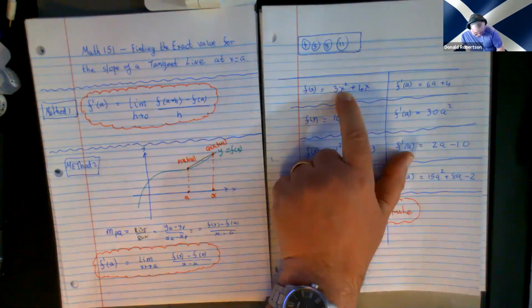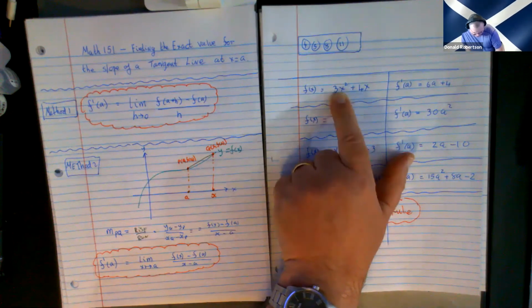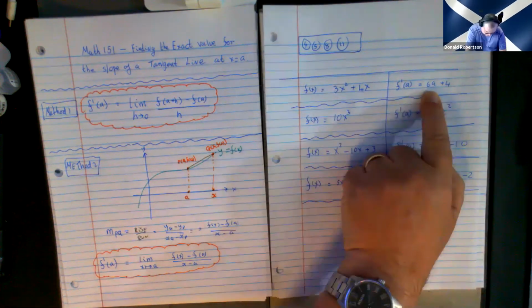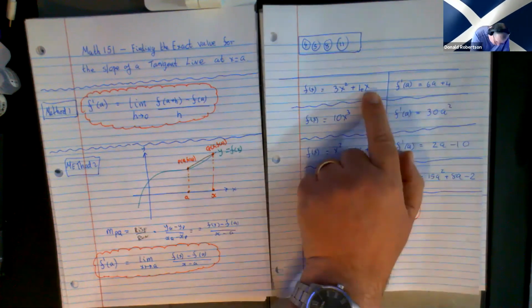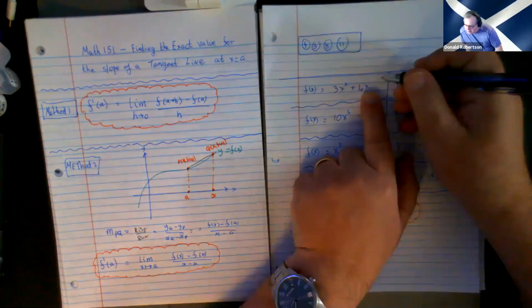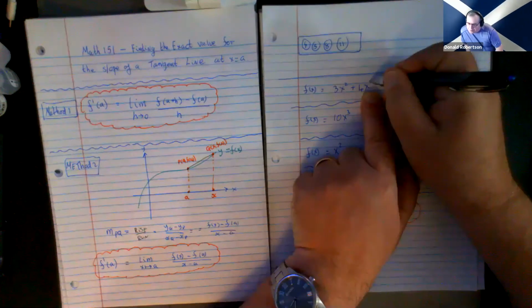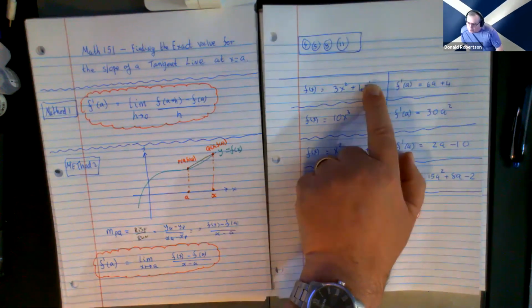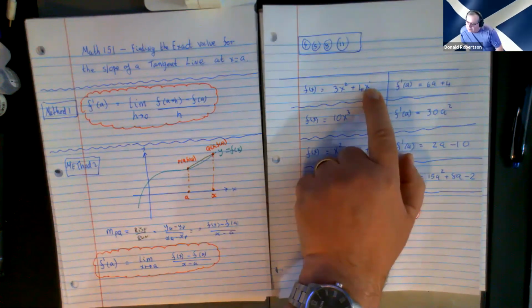So 6x becomes 6a. Technically speaking, isn't that 4x to the power of 1? So you multiply the power and the coefficient together, so that's 4, and then you reduce the power by 1. What is x to the 0? 1. So that's why you end up with 4.